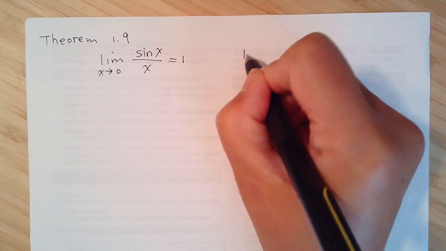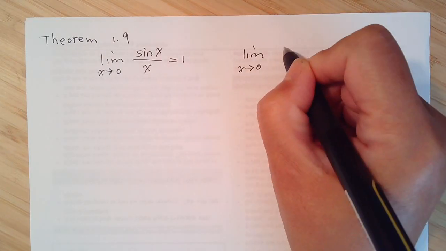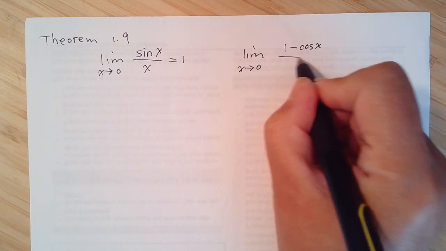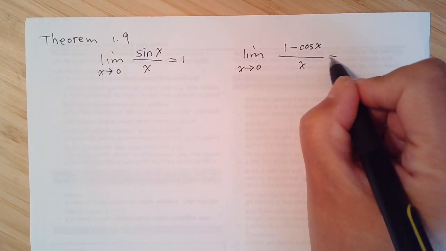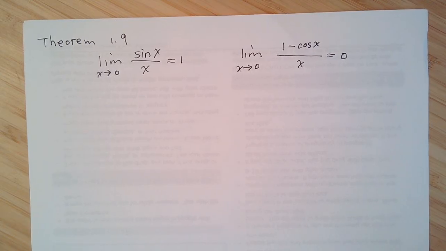The other one is the limit as x approaches 0 of 1 minus cosine x over x, which equals 0. Those are two very, very special limits. That's theorem 1.9, and we should be able to prove it.